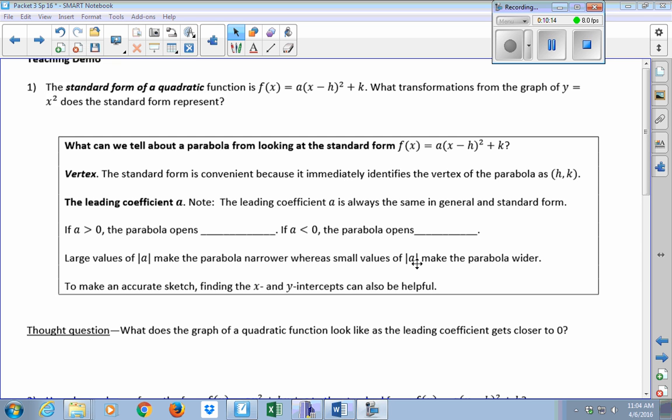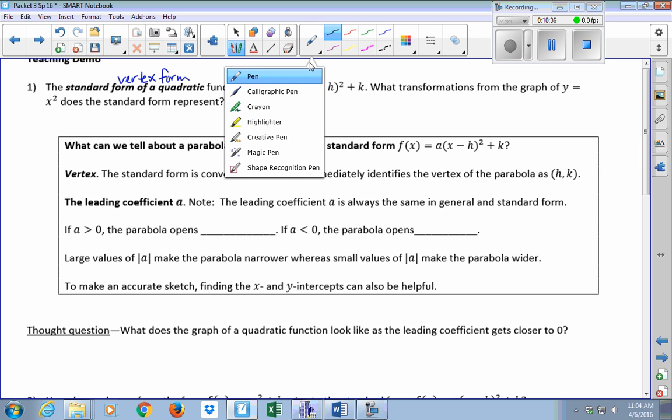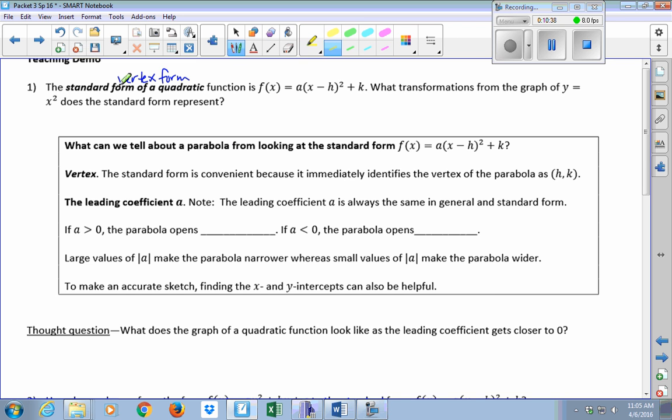I often refer to the standard form as the vertex form, because when I look at that, I immediately know h comma k is my vertex. I'll try to refer to it as the standard form as often as possible, only because that's how your book refers to it, and I want to be consistent with your book.